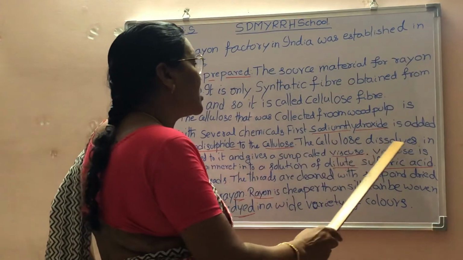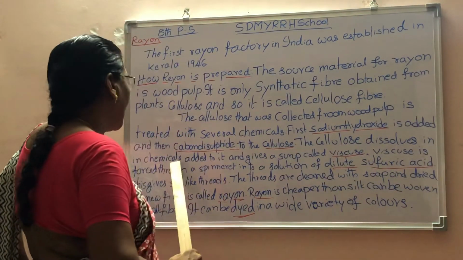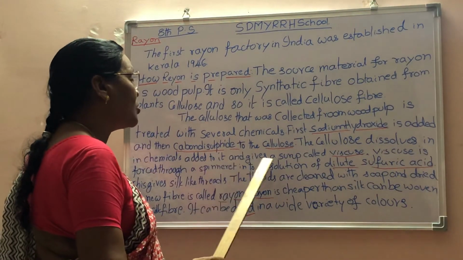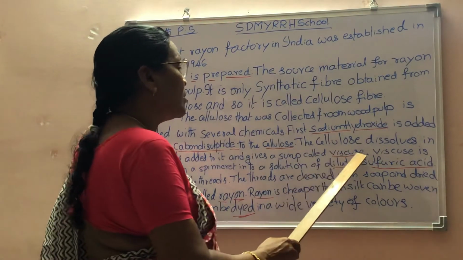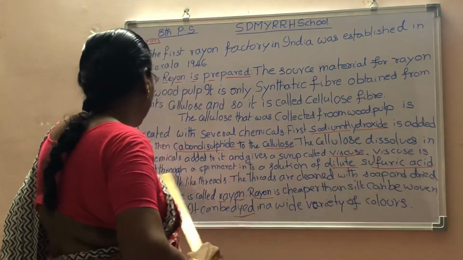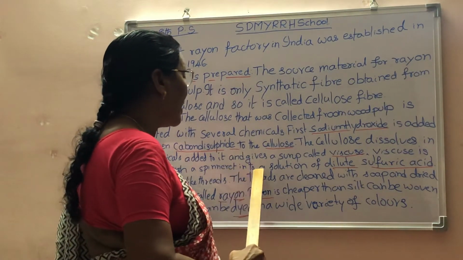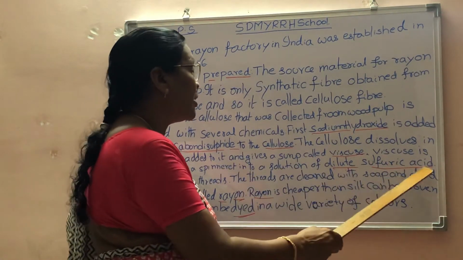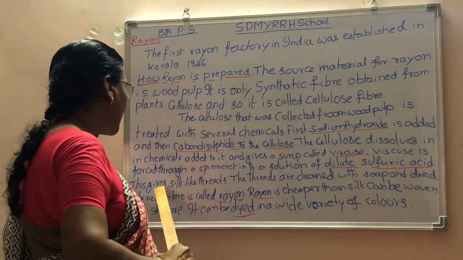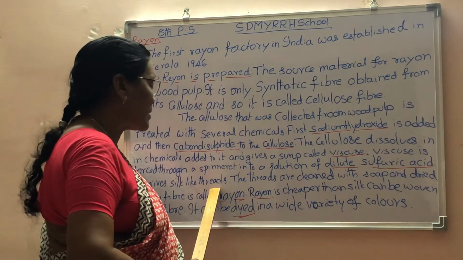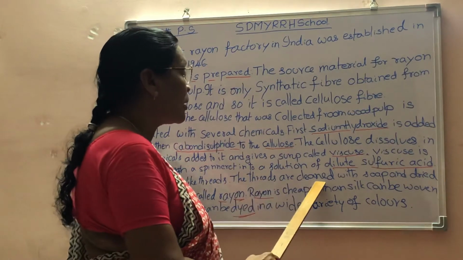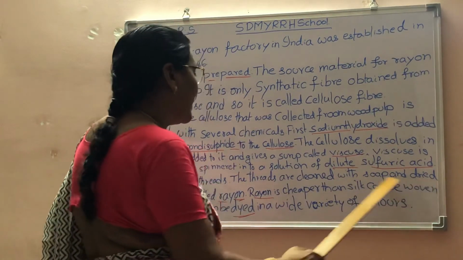The cellulose dissolves in the chemicals added to it and gives a syrup called viscose. Viscose is forced through a spinneret into a solution of dilute sulfuric acid. This gives silk-like threads. The threads are cleaned with soap and dried.